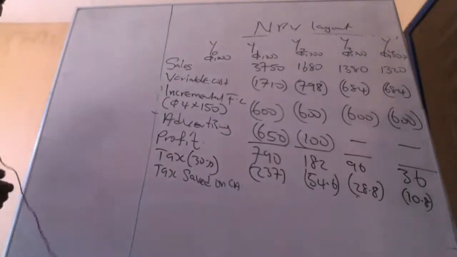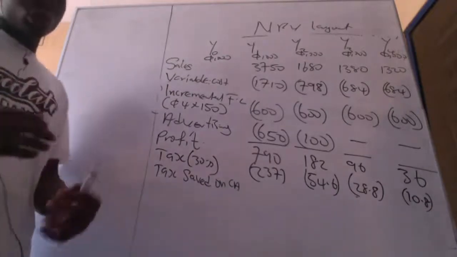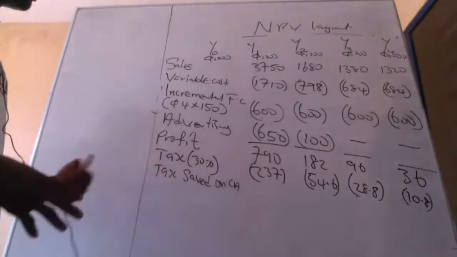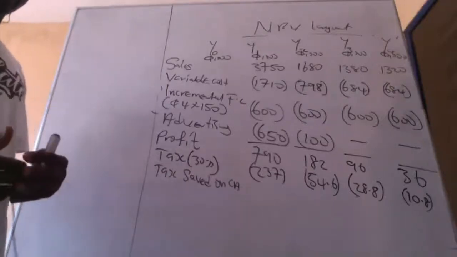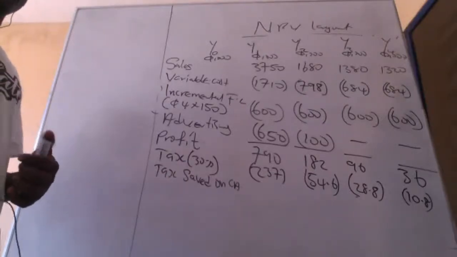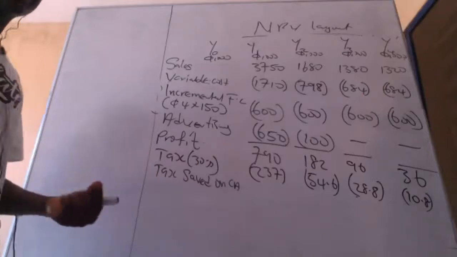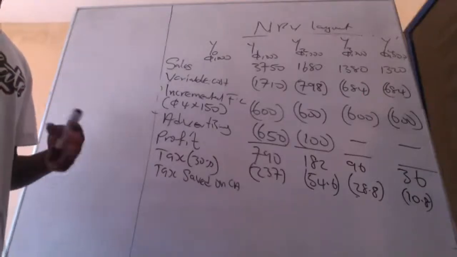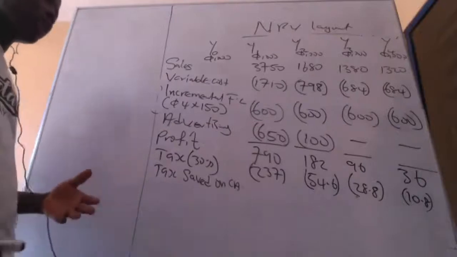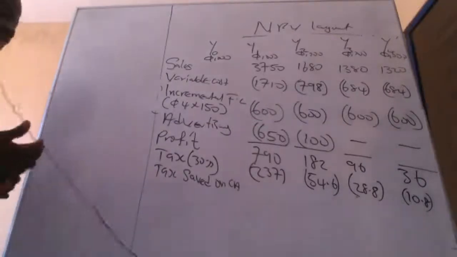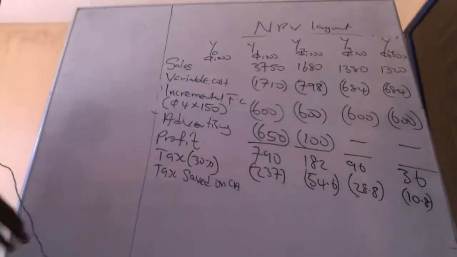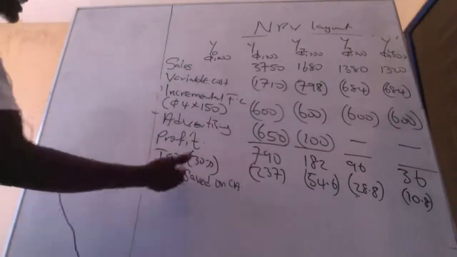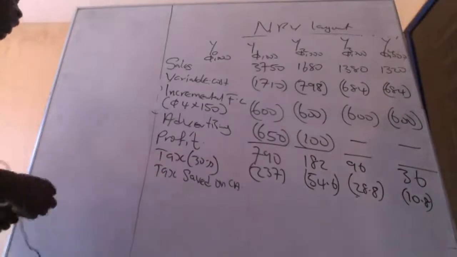The tax authorities will not allow depreciation. They will disallow it. In place of that, they will give you what you call capital allowance, or you can also say that taxman's depreciation is called capital allowance. It will save us from paying tax. The amount of tax that it will save us, that's what you call tax saved on capital allowance.